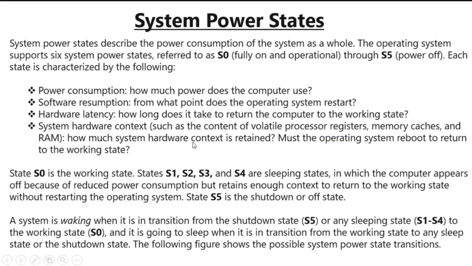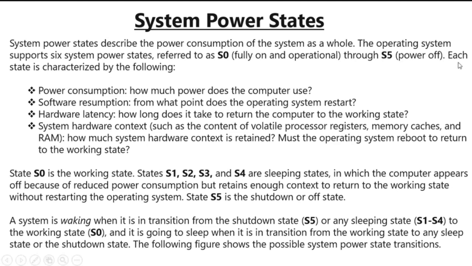So now I'm going to explain to you what exactly the system power states are in detail. The system power states describe the power consumption of the system as a whole. The operating system supports 6 system power states, referred to as S0, fully on and operational, through S5, power off.